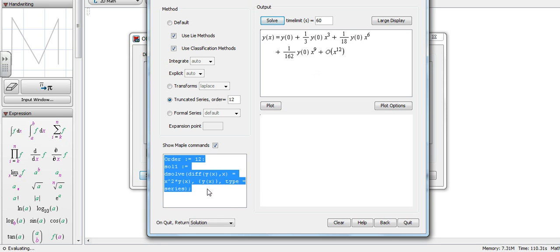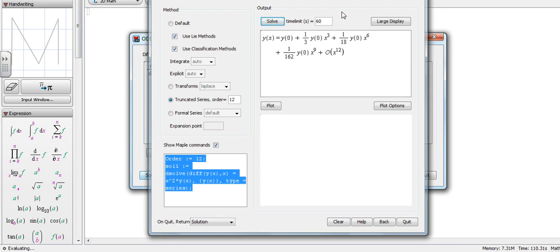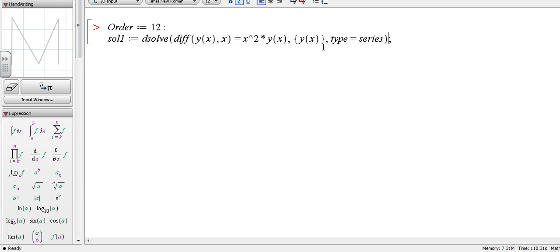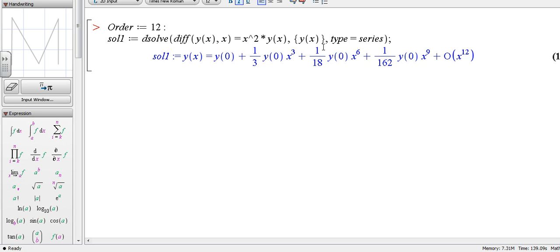We're going to go and put the Maple commands back into Maple. And that way, if I do that and go to this guy here, which makes it bigger, I can then have my answer be a little bit bigger. Okay, good enough?